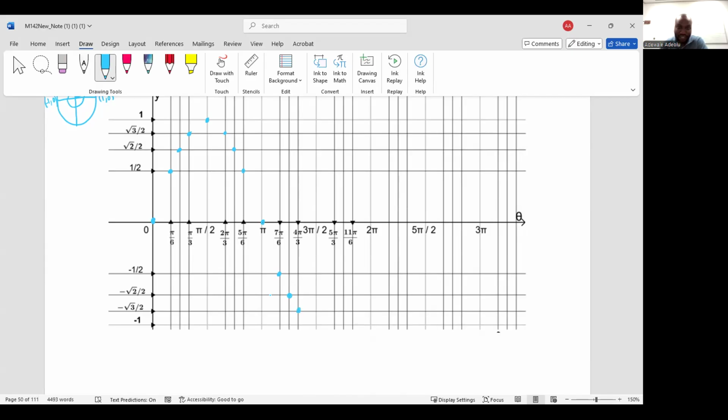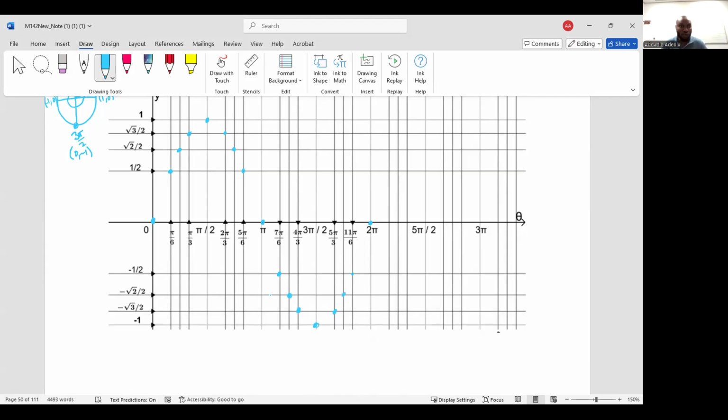And next, at 3 pi over 2, our y value is -1, right? That is 0, -1 for y. Moving on, at 5 pi over 3, it is -root 3 over 2, and so on until we get to 2 pi, which is 0.